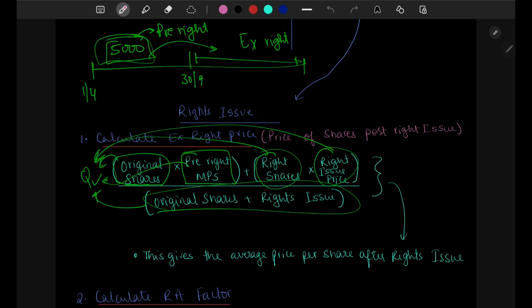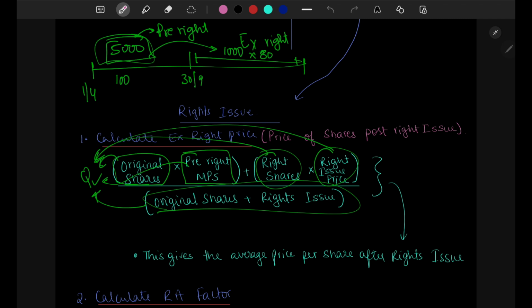This is just to calculate the value of shares after the rights issue. Basically, let's assume here it was 100 rupees, and then rights shares of 1,000 at, let's assume, 80 rupees.